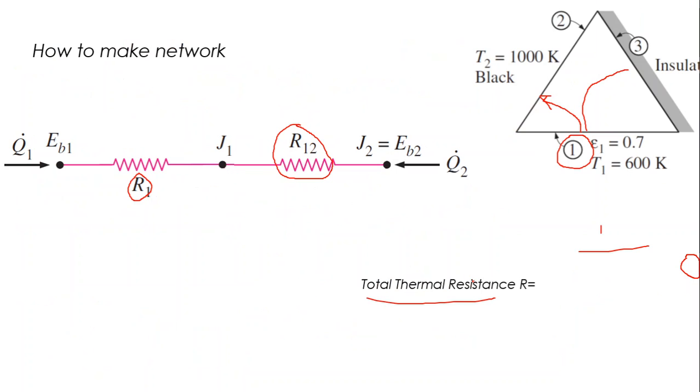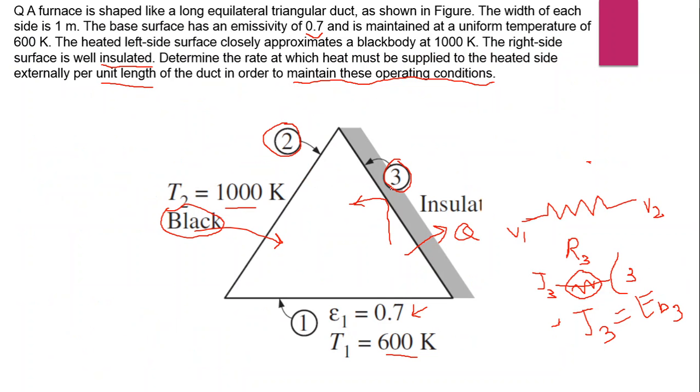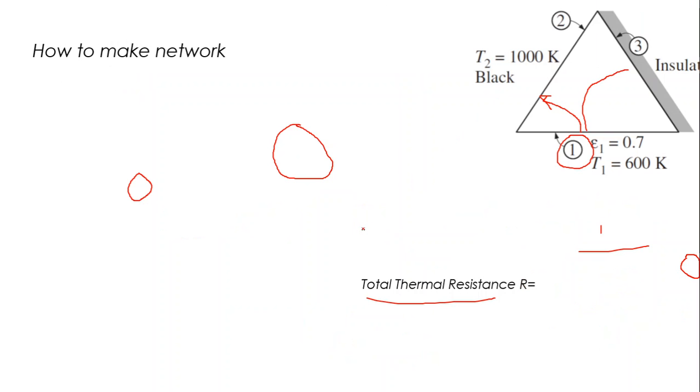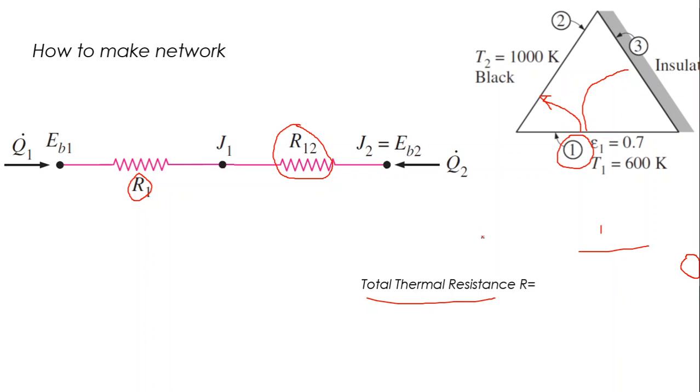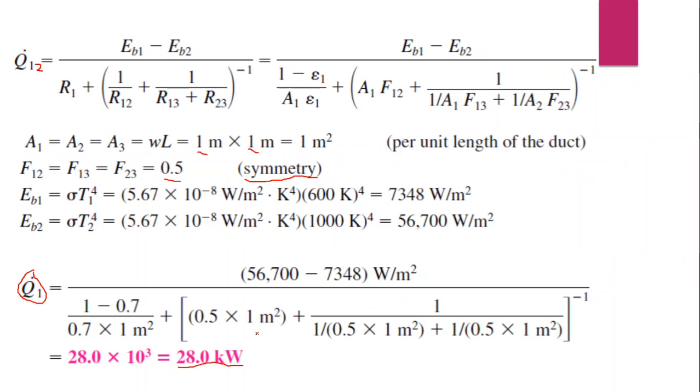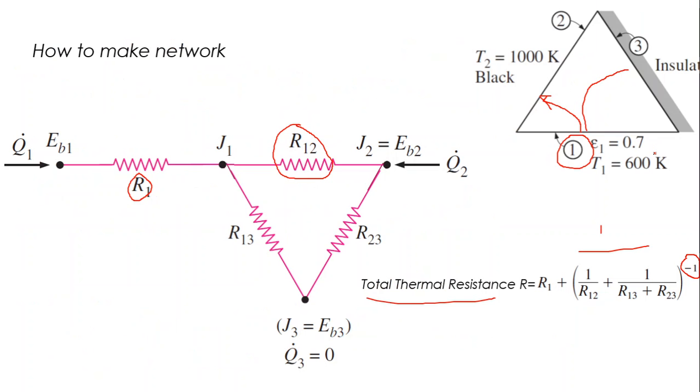In the question they are asking the same thing: determine the rate at which heat must be supplied to the heated side externally per unit length of the duct in order to maintain these operating conditions. So the amount needed to be supplied is 28 kilowatt. Then only can we maintain the temperature of all these surfaces. Otherwise we cannot maintain.